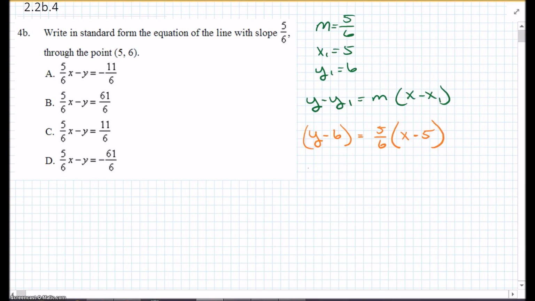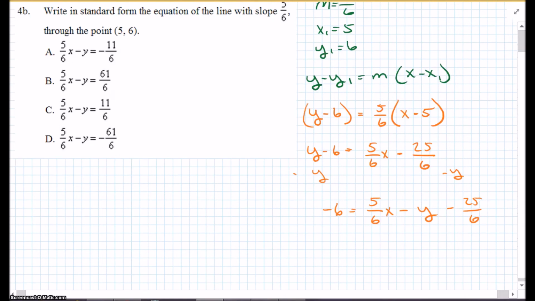Okay, so y minus 6, we're going to distribute the 5 over 6, which gives 5 over 6x minus 25 over 6. Okay, so what I'm going to do now is subtract y from each side. So I get negative 6 equals 5 over 6x minus y minus 25 over 6.